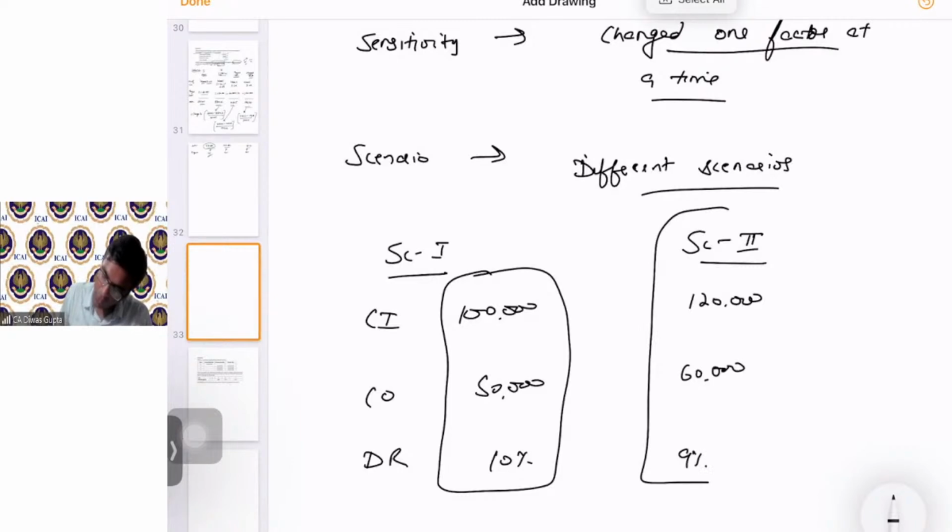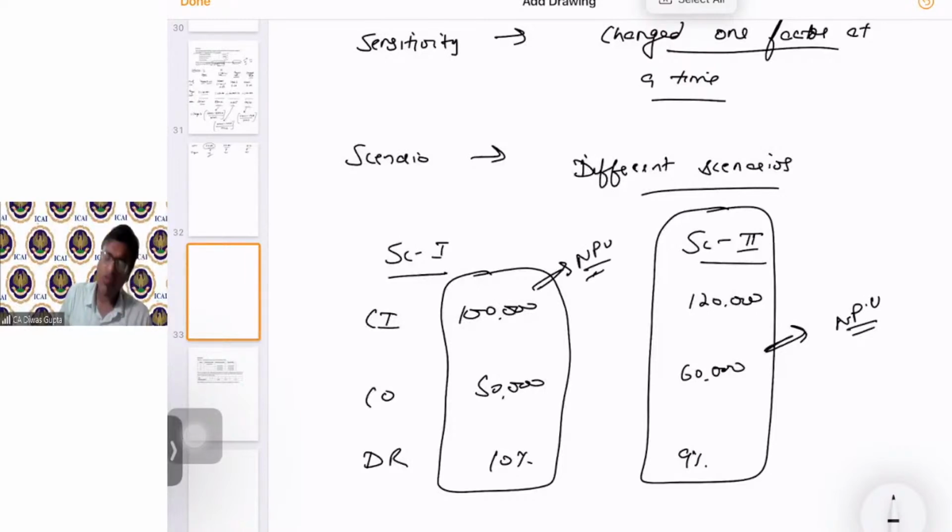This is scenario 2. So you will have to find NPV basis scenario 2. Here you will have to find NPV basis scenario 1. So it is very easy. In this case, you will find NPV of the different scenarios that you have. Simple. No need to calculate one factor at a time. Take all the factors different at the same time and calculate the scenario numbers.